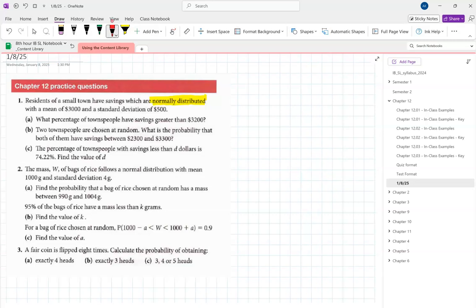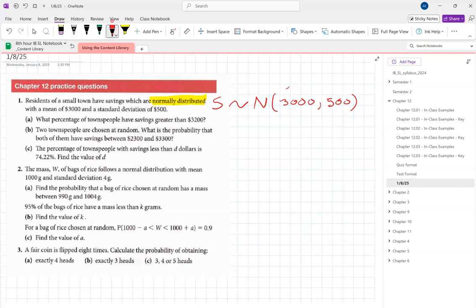So if I want to write this symbolically, let's say that our random variable is S for savings. We'd say S is normally distributed, and then we write the mean and standard deviation. That's giving you the equivalent information in symbols that's written in words in that problem, where S is our random variable, denoting the amount of savings one of these residents of this town has.